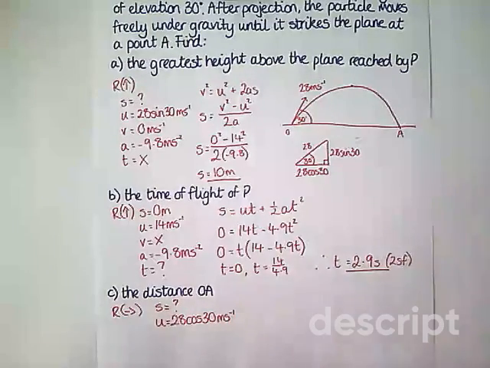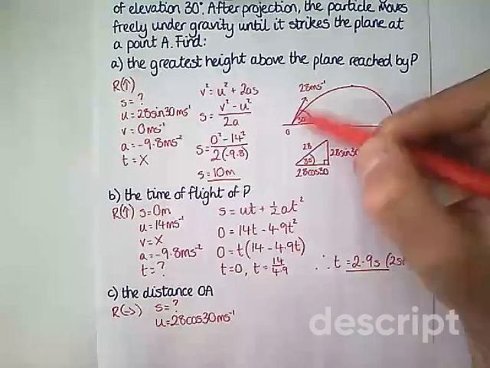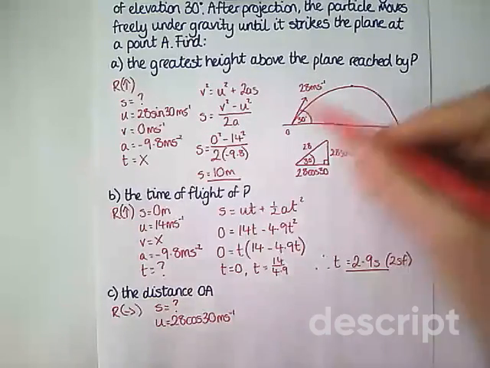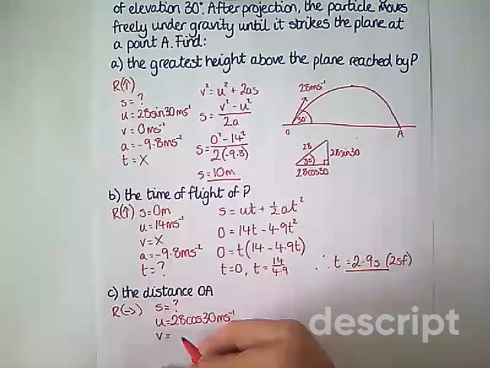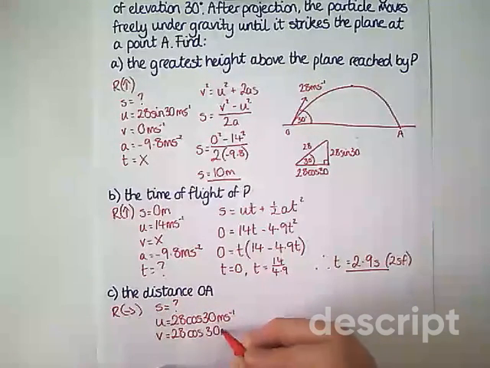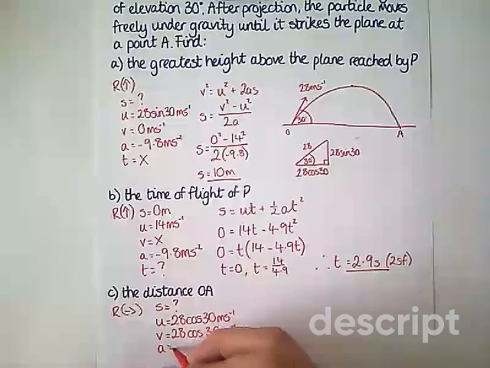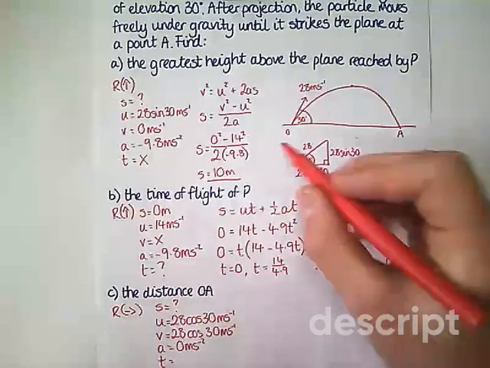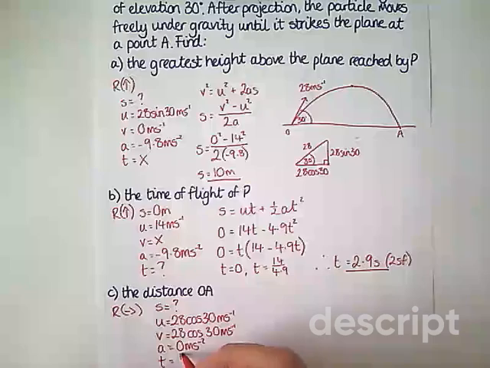Now horizontally, because we are ignoring air resistance, there is zero acceleration in the horizontal plane. So your final velocity horizontally is always the same as your initial, and your acceleration is always zero. And we know that time to get to A is 14 over 4.9.